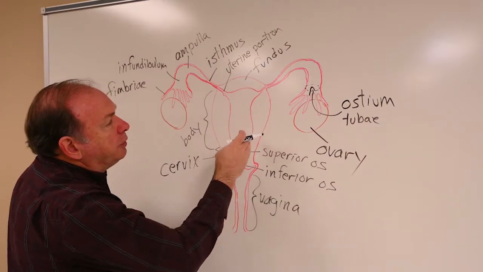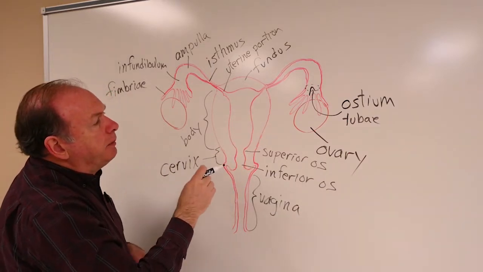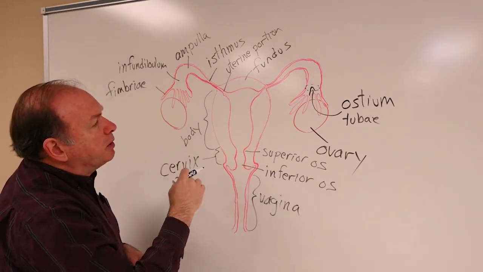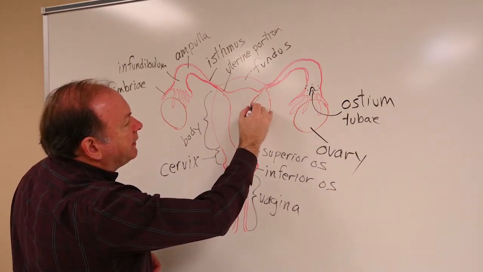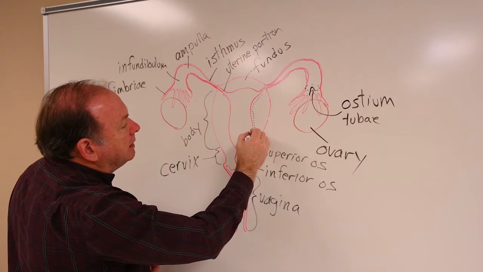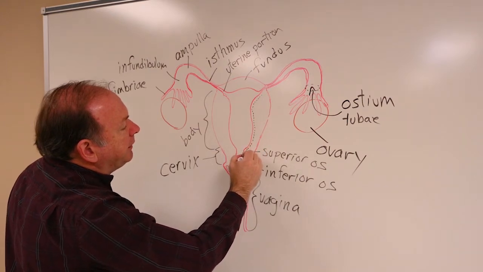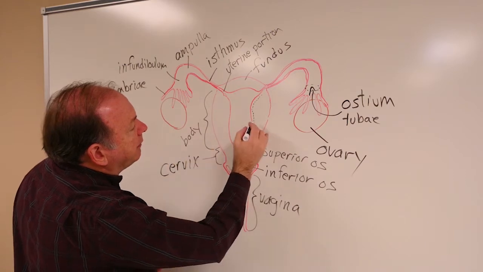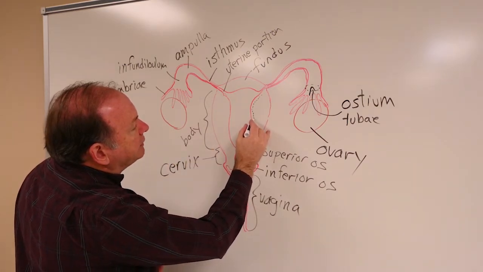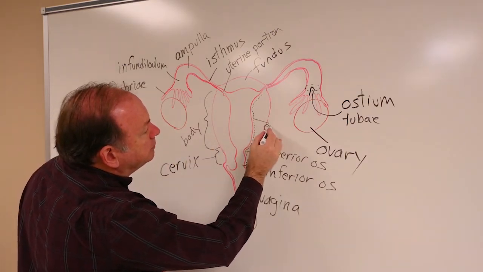And the wall of the uterus has these layers, and we'll talk more about these later, but we'll go ahead and label this now. On the inside, there's a fairly thin layer of kind of a mucosa, epithelium, and connective tissues together that make up what we refer to as the endometrium.